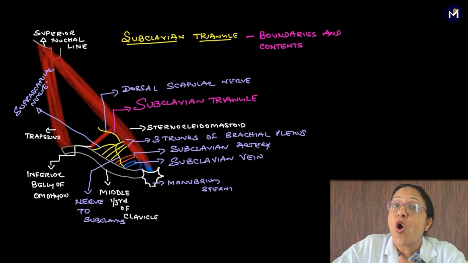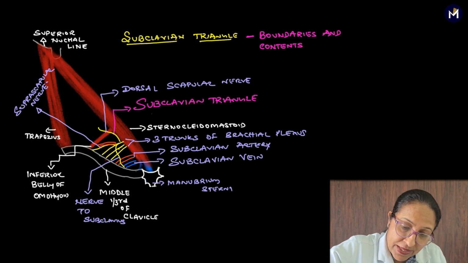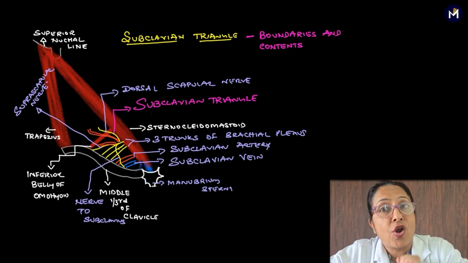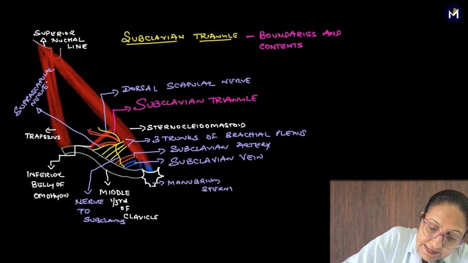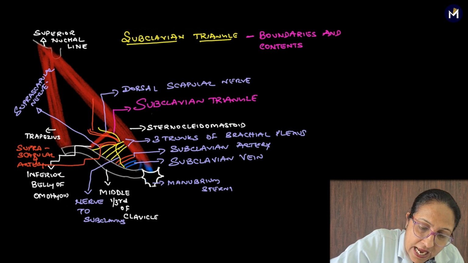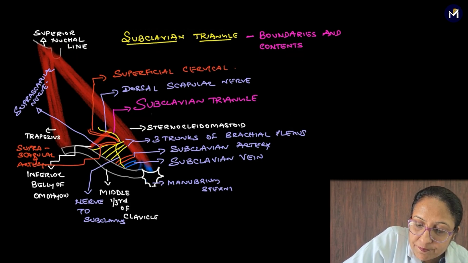The arteries which form the contents are the suprascapular artery, then the superficial cervical artery, and also the dorsal scapular artery. So this artery is the suprascapular artery and this artery is the superficial cervical artery.